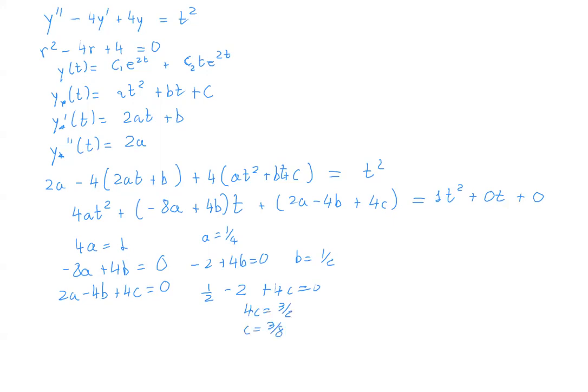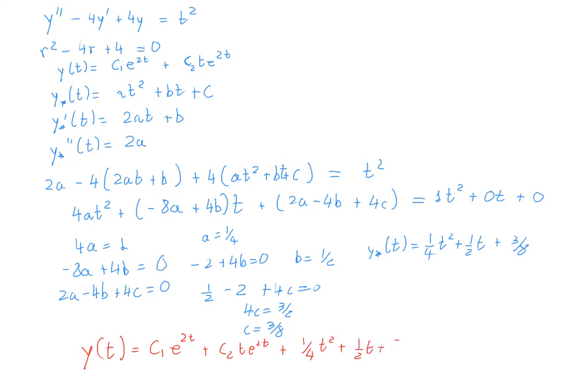So eventually we have that y star of t is equal to 1/4 t squared plus 1/2 t plus 3/8. And eventually we can write down the full solution, the general solution of the non-homogeneous, which will be c1 e to the 2t plus c2 t e to the 2t plus 1/4 t squared plus 1/2 t plus 3/8.